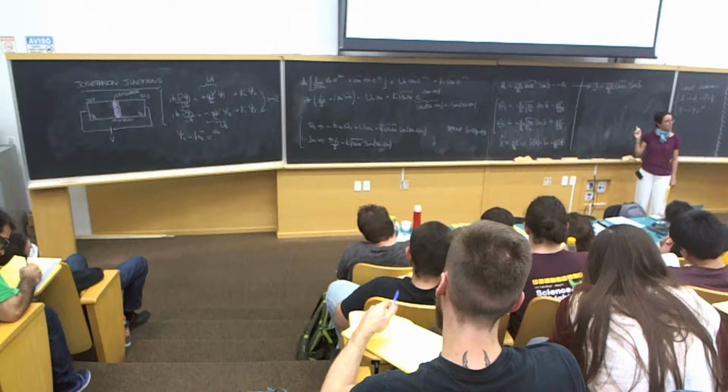So it's almost the other way around. It can be that the average current is 0 once you apply voltage, but if you don't apply voltage, then you get a current. So it's very counterintuitive, this qualitative.